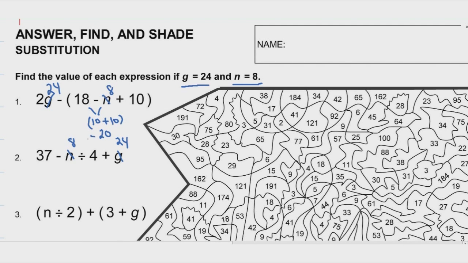We have a subtraction sign, and we have this 2 and 24 next to each other. Well, you might think that's 224, but actually when you have a number next to a variable, it means multiplication. So this is 2 times 24, which gives us 48. And 48 minus 20 is 28. And that's it. You're done.